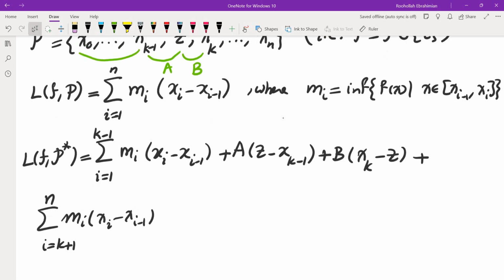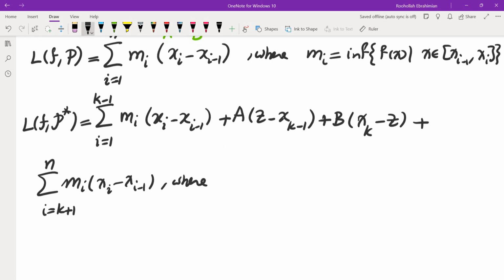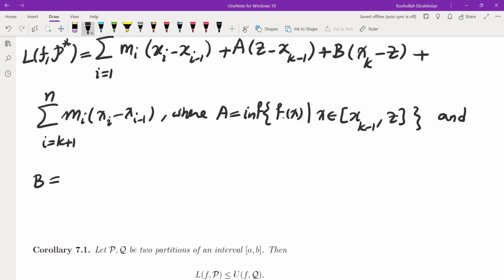I'm basically skipping one term from the partition P, and I'm adding 2 terms, where a is the infimum of f of x, where x is in the interval from xk minus 1 to z, and b is the infimum of f of x, where x is from z to xk.